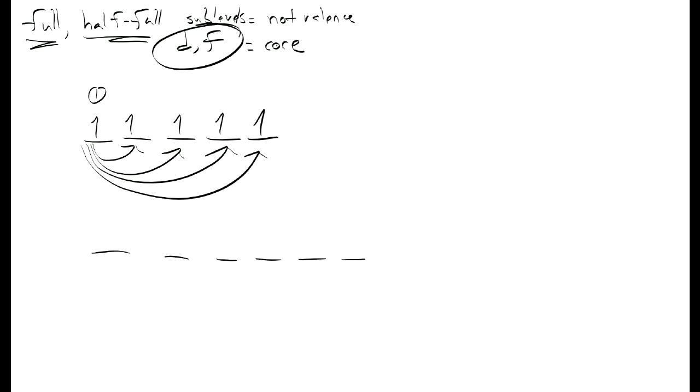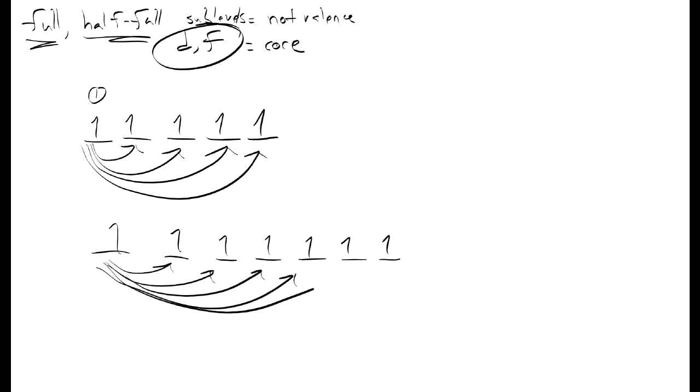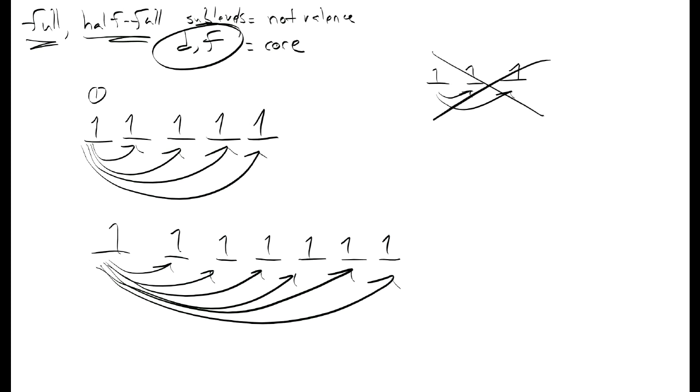Similarly, 1, 2, 3, 4, 5, 6, 7. With an F sublevel, even half full, this guy sees 6 other electrons that look exactly like him. That's a heck of a lot of resonance. Whereas a P sublevel, with only 3 electrons, there's resonance there, but it's not enough. So this doesn't count as core.